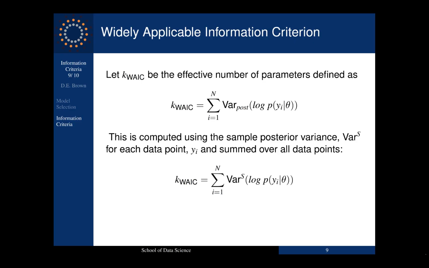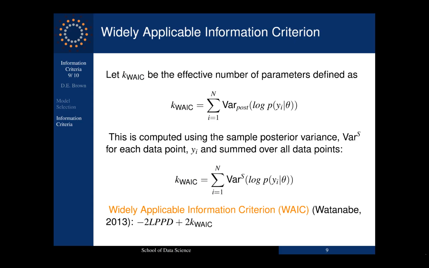This is doing very effectively what we want, which is penalizing our results for having too many parameters in them, since that is basically not a generalizable result. So we want to penalize that. And this k_WAIC, using the samples of the variance from the posterior, gives us a good indication of the effective number of parameters in the model.